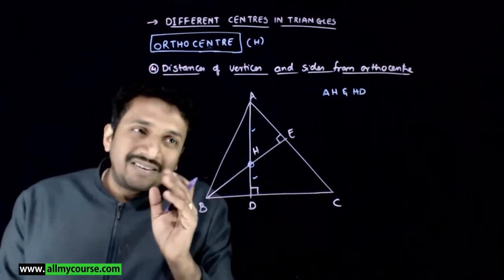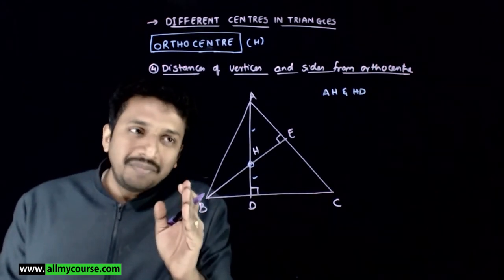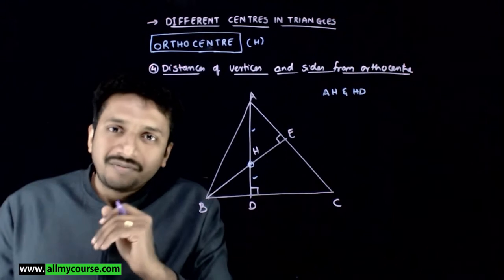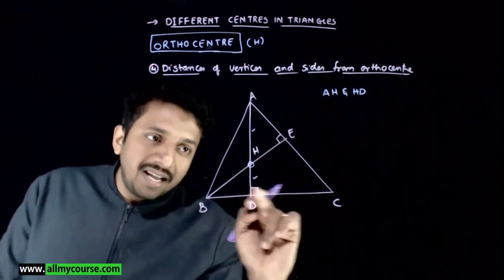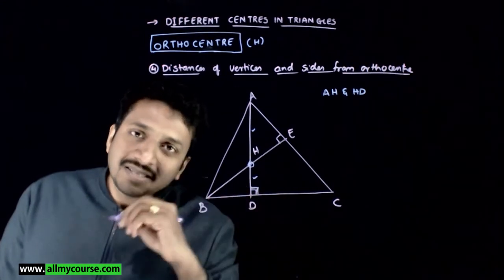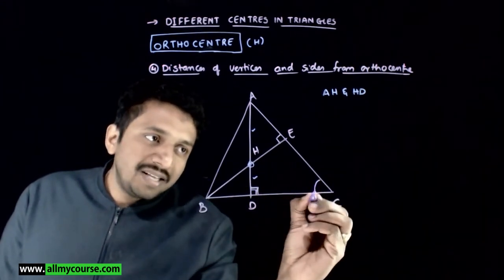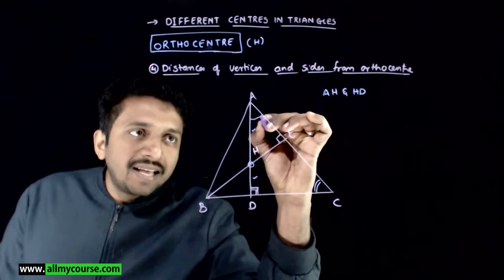Now let us try to see some angular properties in this figure. So in triangle ADC, this angle is 90 degrees. One angle is C. So what will this angle be?